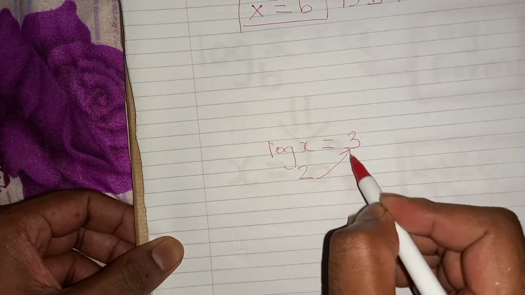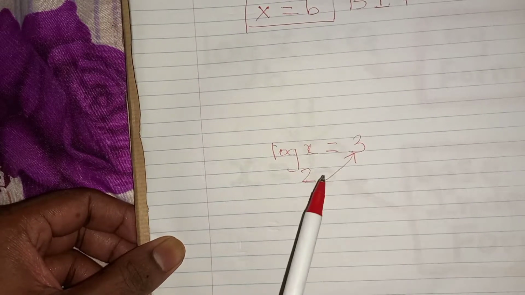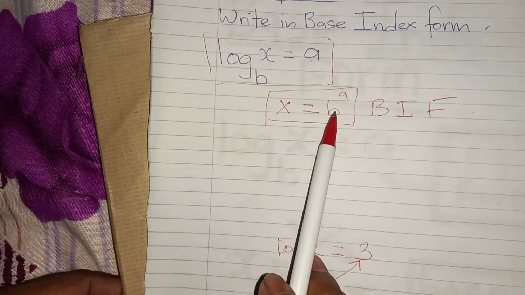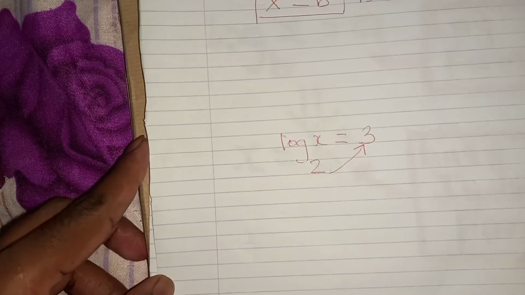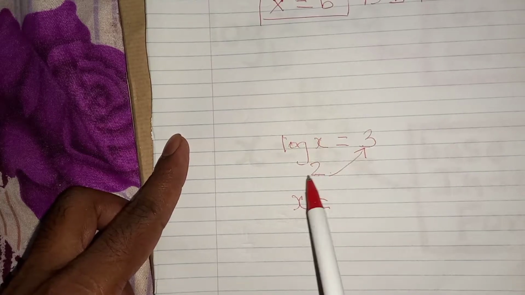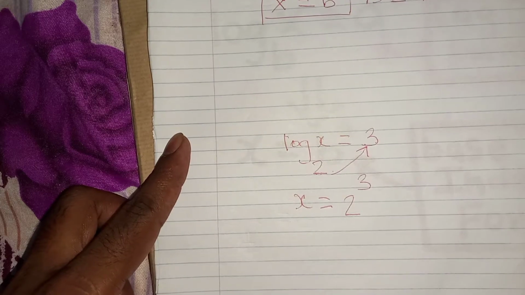So you can say 2 raised to 3, that way. This is the same as b raised to a. So over here you can also say my value of x is equal to b raised to a, so 2 power 3.